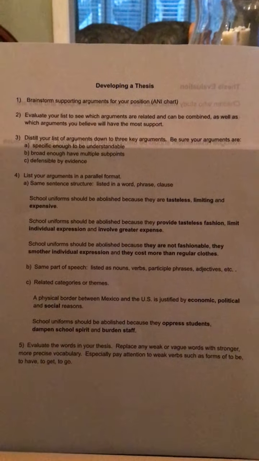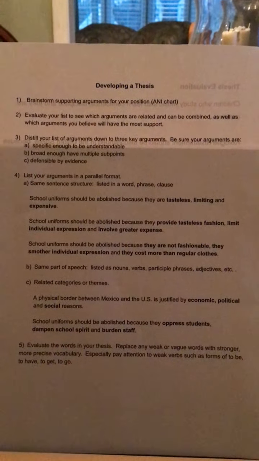The second thing you're going to do is see if any of your points can be combined. So maybe you're doing gun control, and you're saying that the United States should pass gun control. And you've got arguments like guns are used in crime, guns kill people, guns are used in suicide, and guns are used in terrorism to kill people.